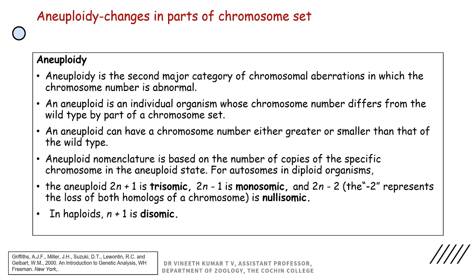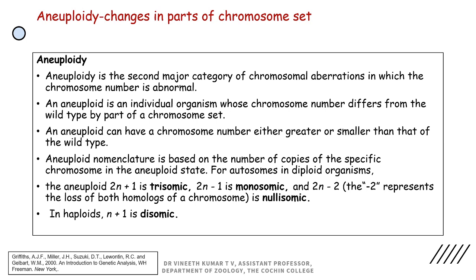And you have another one which is 2n minus 2. This may be the loss of both homologous chromosomes. For example, if both homologous copies of the 22nd chromosome are lost, that is represented by 2n minus 2, and that is called nullisomy.